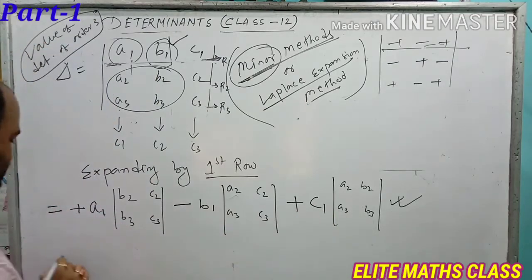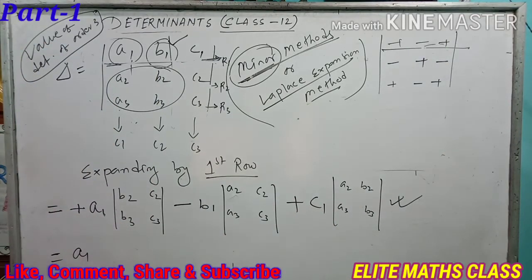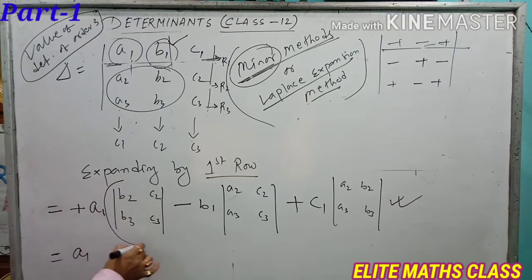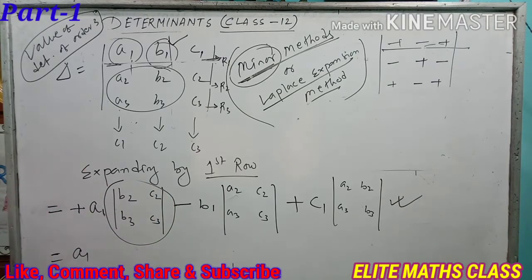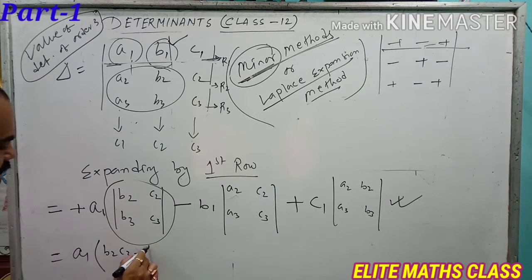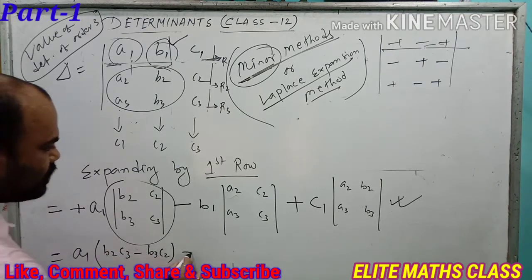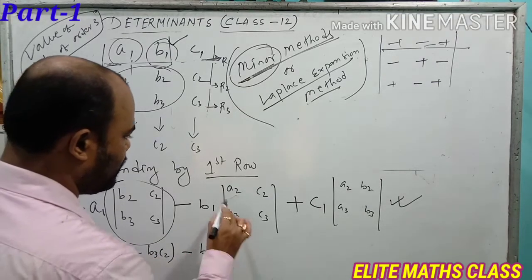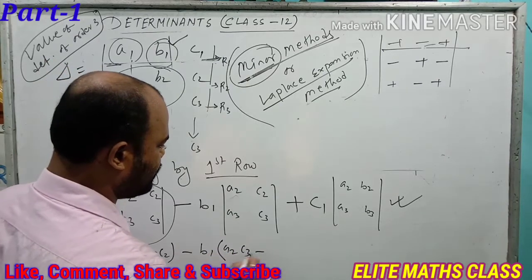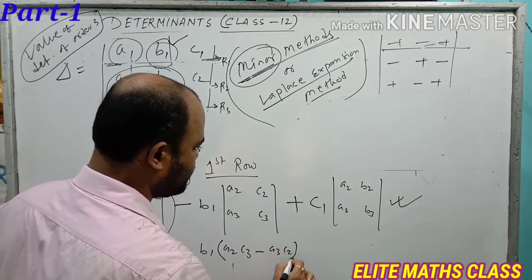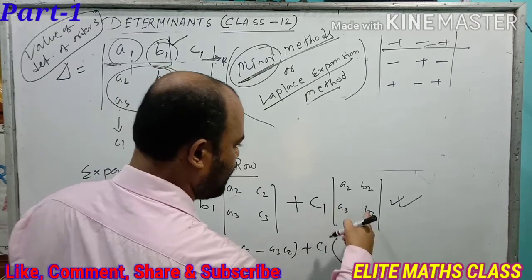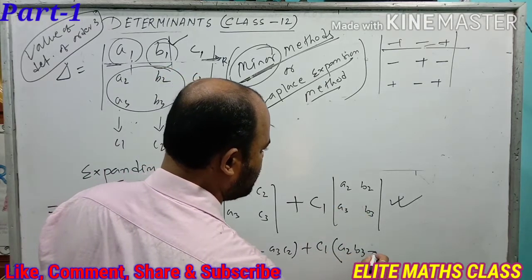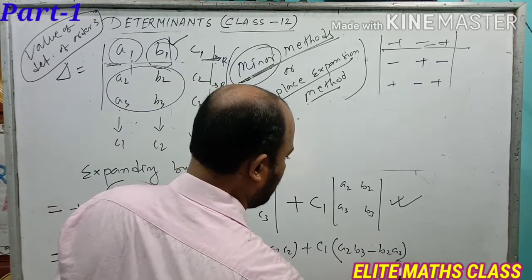Now the next step. It is plus, so no need to write anything else: A1 times this 2 by 2 determinant. How to find the value of a 2 by 2 determinant? By the butterfly method, you multiply the prime diagonal elements: B2 C3 minus B3 C2, minus B1 times (A2 C3 minus A3 C2), plus C1 times (A2 B3 minus B2 A3).